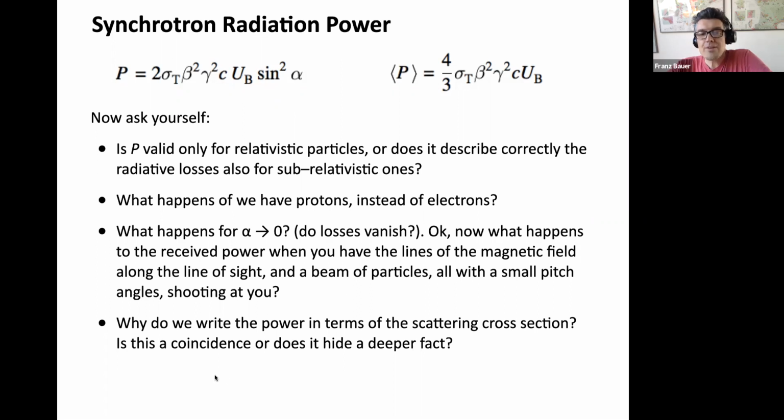Okay, why is it useful to write this in terms of a cross section? Is there any meaning behind it, or is it just because we can? Because it's a probability study. Right, well, this is the power coming out from an individual electron.